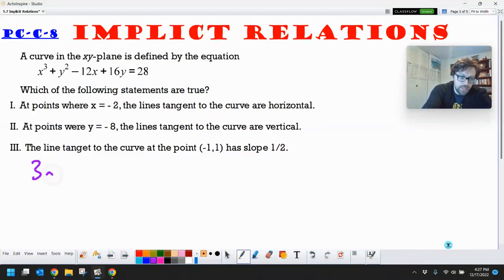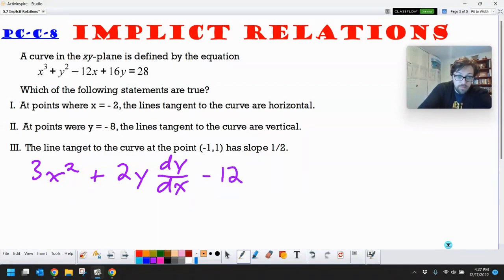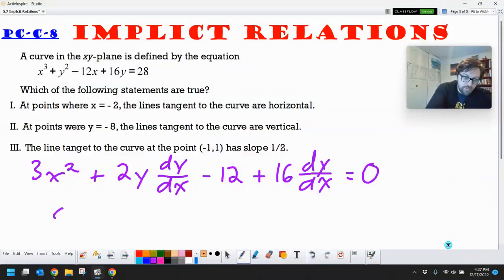So I get 3x squared plus 2y dy over dx minus 12 plus 16 dy over dx equals 0.